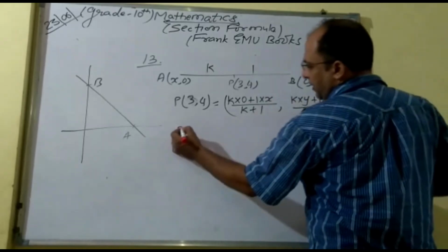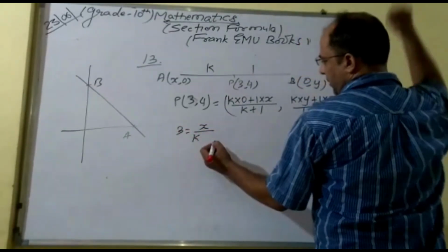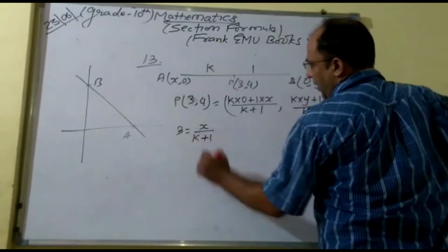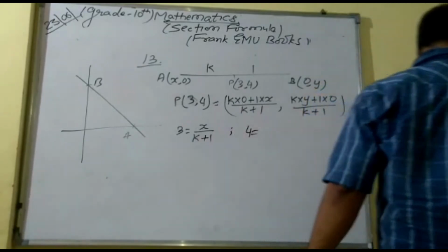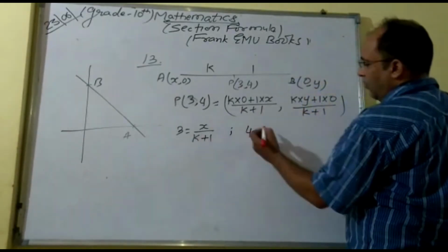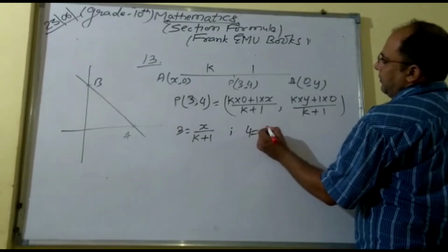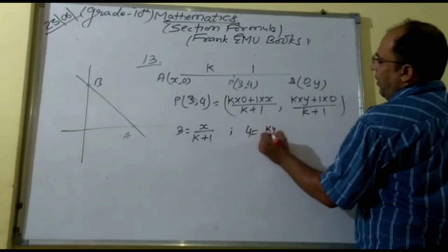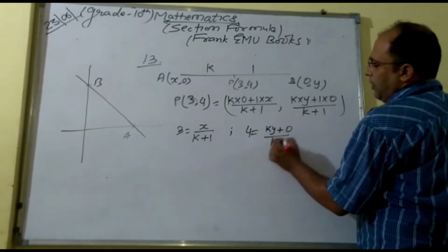Now again 3 equal to X upon K plus 1, right? And 4 equal to K y plus 0, that is K plus 1.